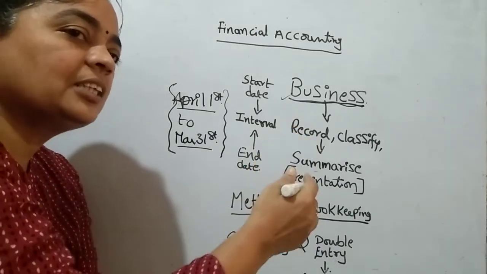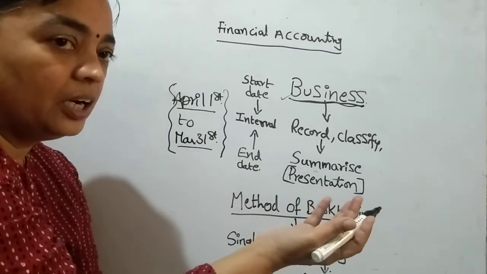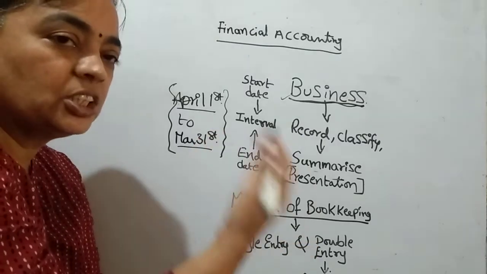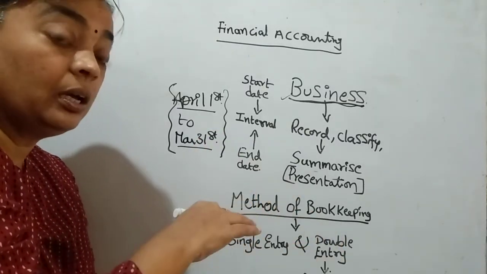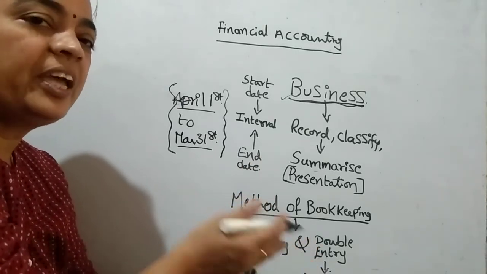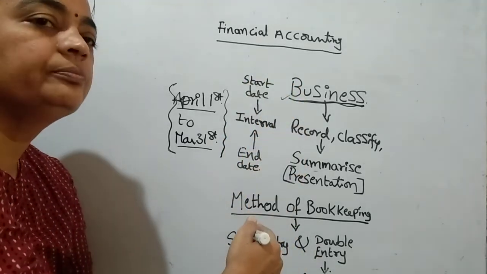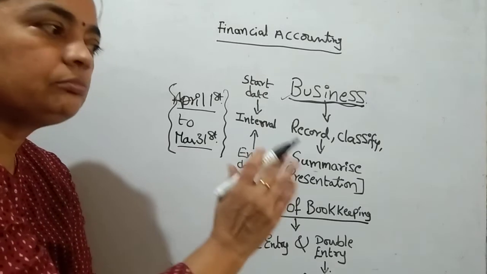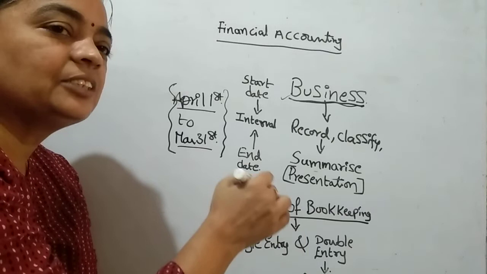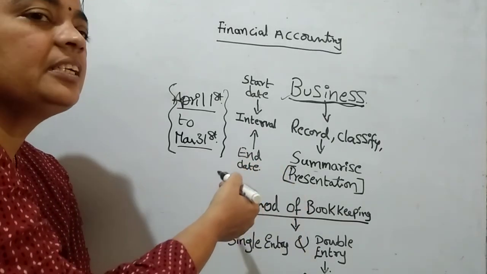If he writes in a single book all the transactions, some transactions may be related to a sale, some transaction related to purchase, purchase of furniture, purchase of some different kind of investments, and paying salaries, paying expenditure, all the things if he records in the single book, it is very tough to find out the transaction whenever he requires, right? So that is why, similar to maths and science, for different subjects we are maintaining different books.